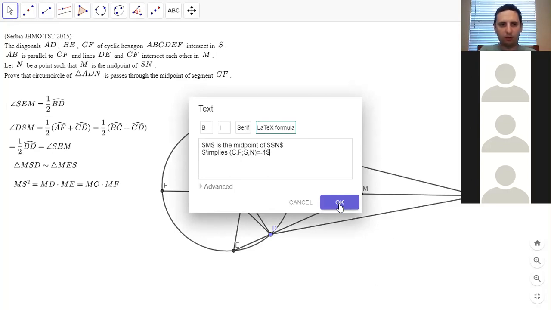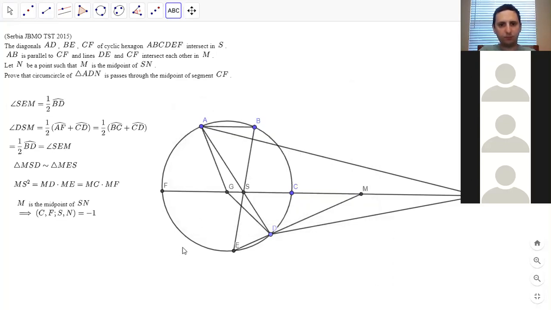And then once we know that, so how does that show that ADGN is cyclic?